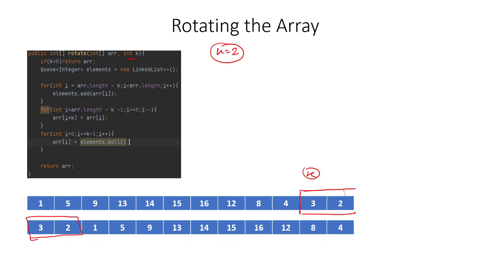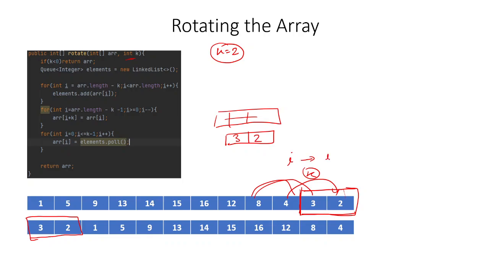So what I am going to do is pick up all those k elements from here and store them in an array temporarily, c comma 2, I have stored it here. Then I have pasted everything here, 8 to here, after k units. That is, this position I will be shifted to I plus k position.